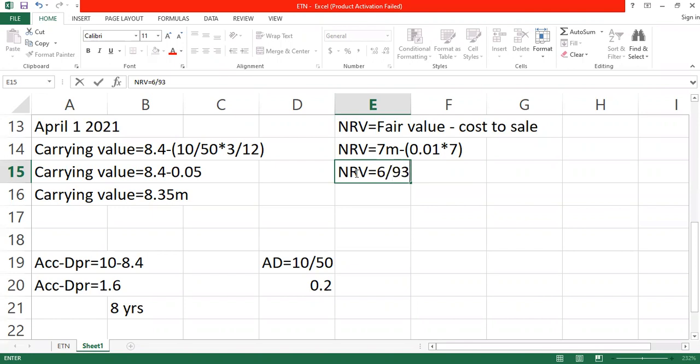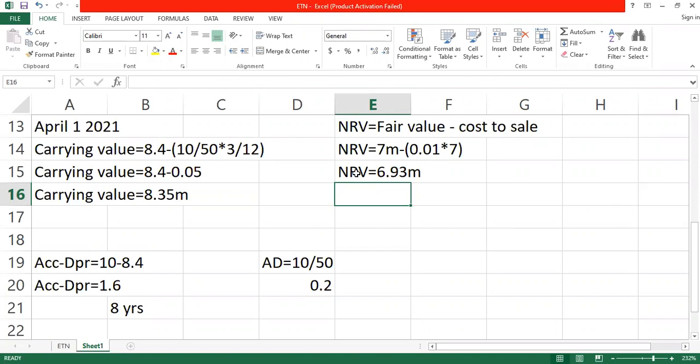Another way of calculating the net realizable value, someone should tell me. Charlie, you need to be creative in the exam hall. I know that 1% is 7, so why are we having this?